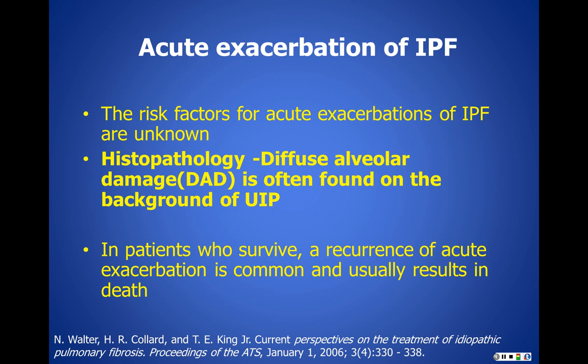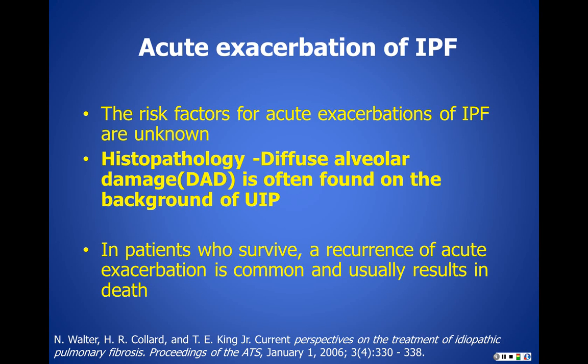And risk factors for acute exacerbation of IPF are unknown. So I told you, when you do a surgical lung biopsy of idiopathic pulmonary fibrosis, you find usual interstitial pneumonia, right? But if you biopsy acute exacerbation of idiopathic pulmonary fibrosis, you see the features of diffuse alveolar damage on top of UIP features.